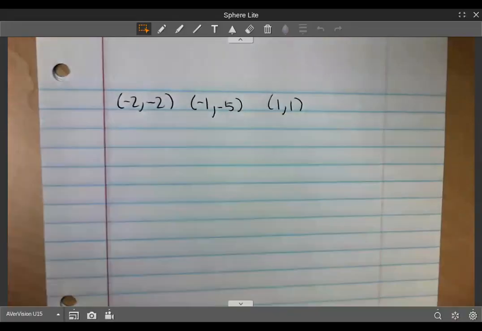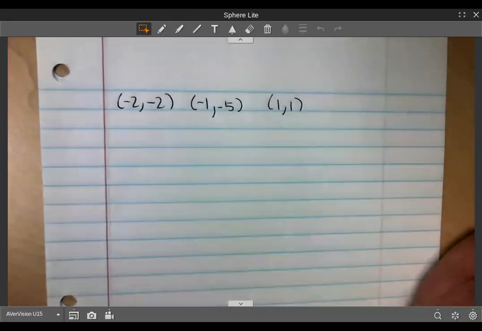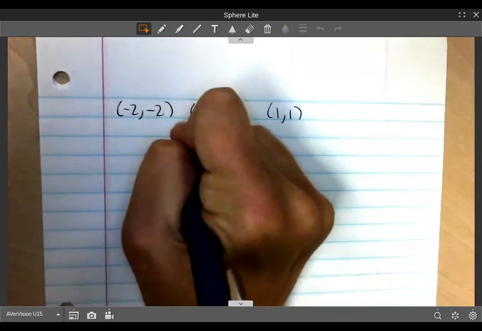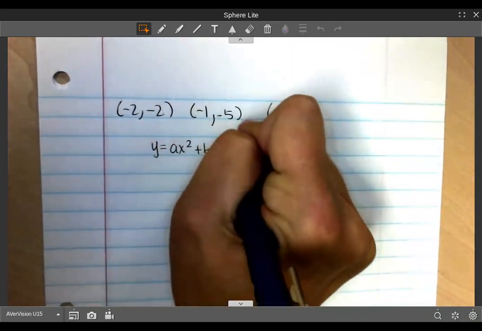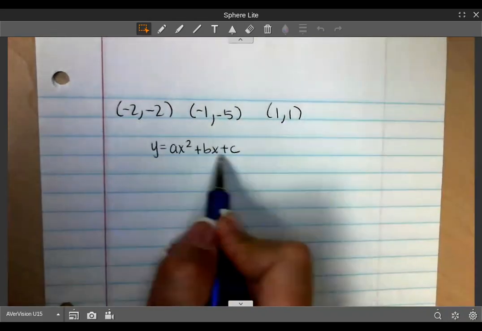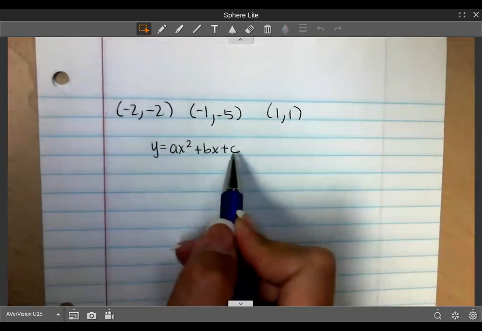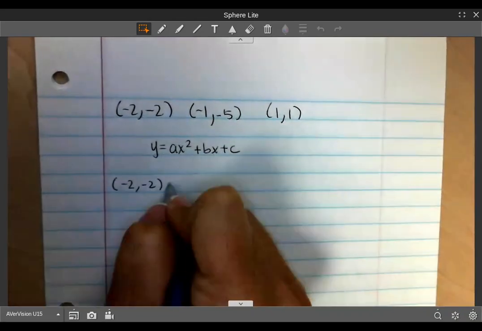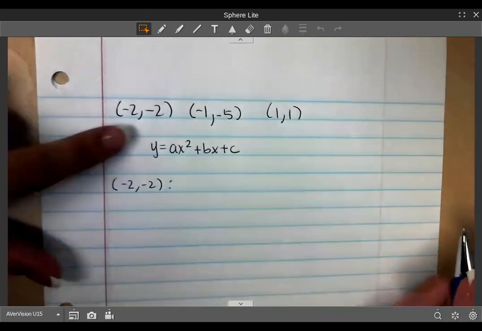All right, so here are 3 points. If you were going to do this without the calculator, we go back and we think about our standard form, ax squared plus bx plus c. Since I have x and y values here, I can make a 3-variable system with this with the a, b, and c. So for each one of these points, I will make an equation.